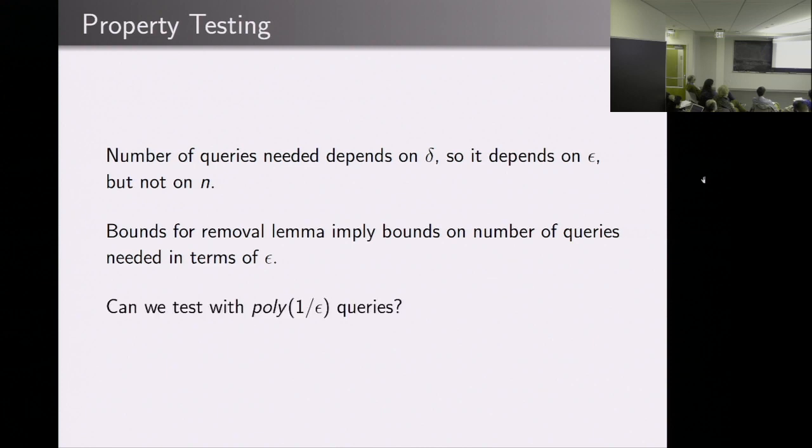And so the natural question is, we know that we can test with some number of queries that only depends on epsilon, but can we test it in polynomial in 1 over epsilon queries? This is basically, on some level, equivalent to the removal lemma, but it's another way of thinking about it.